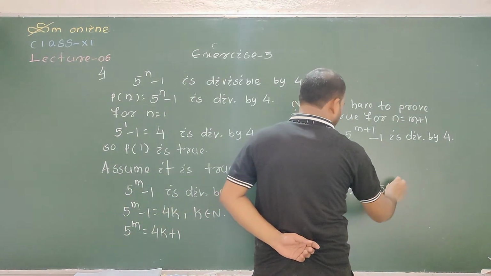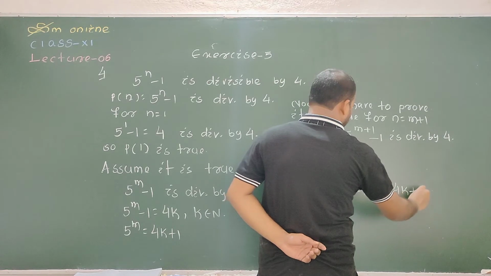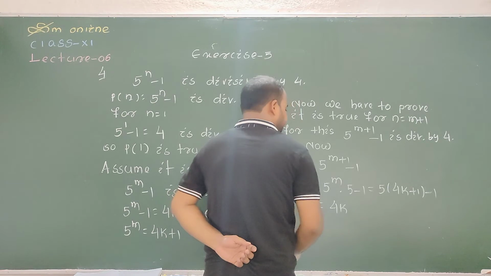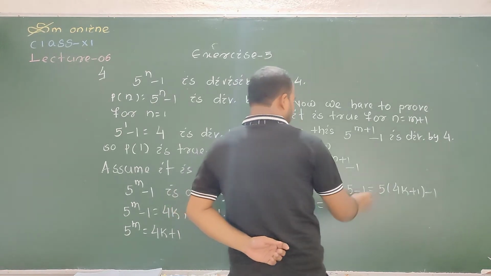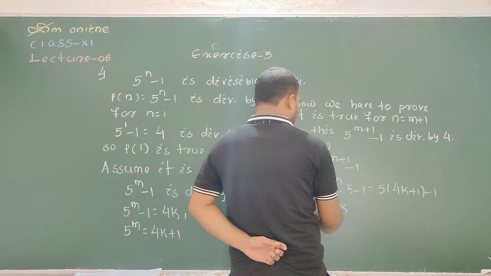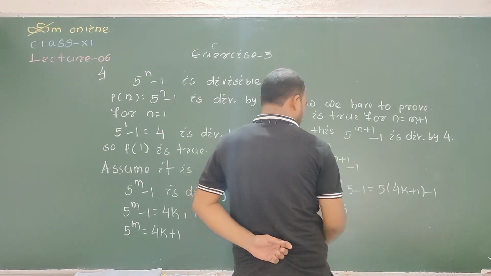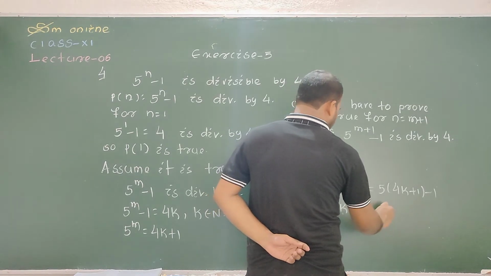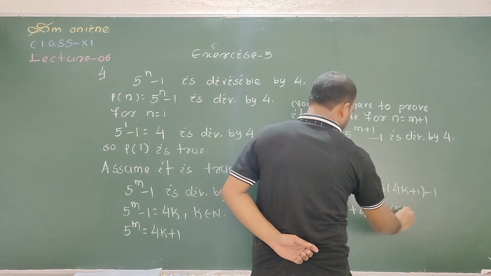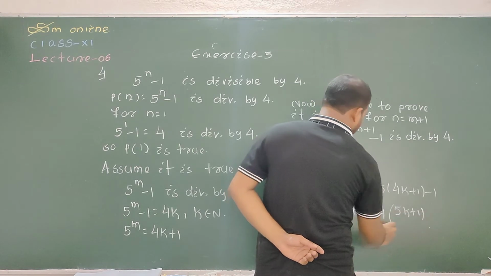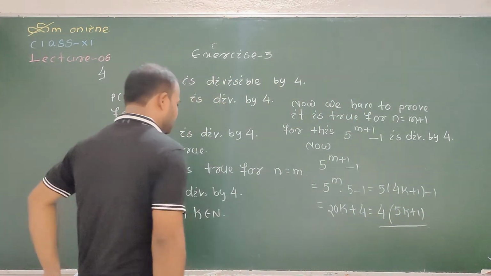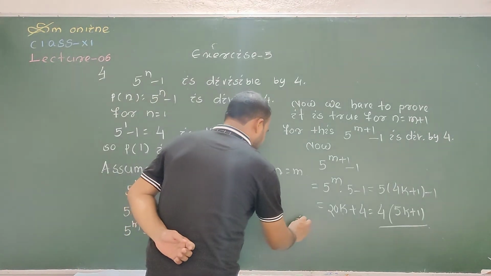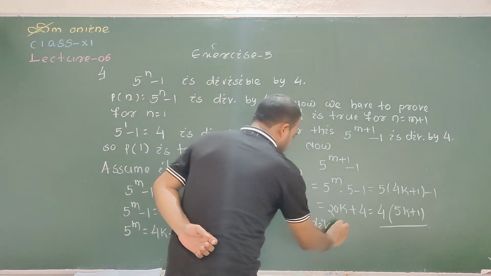So 5 into 4k plus 1 minus 1, and this is equal to 20k plus 4, and after taking 4 as common, this is 4 into 5k plus 1. So 4 is a common factor, so we have said that it is divisible by 4. Okay, divisible by 4.